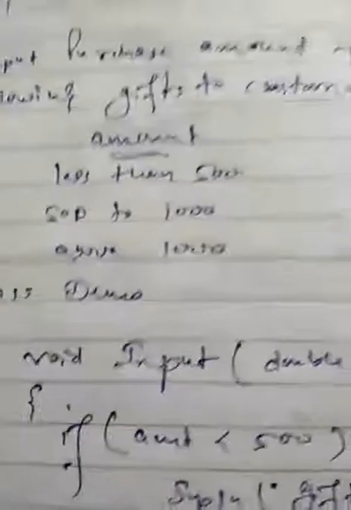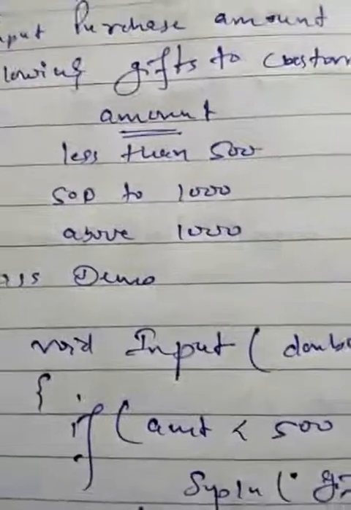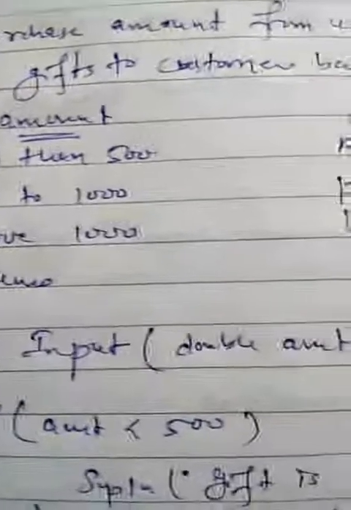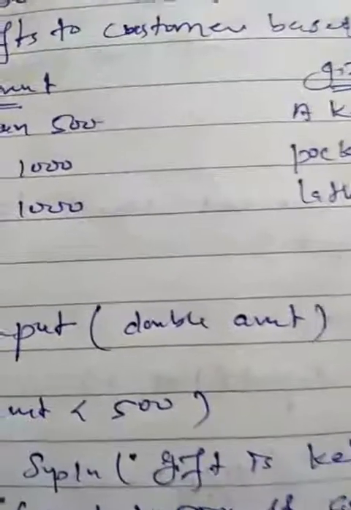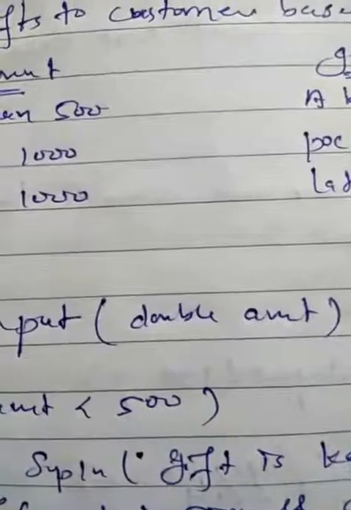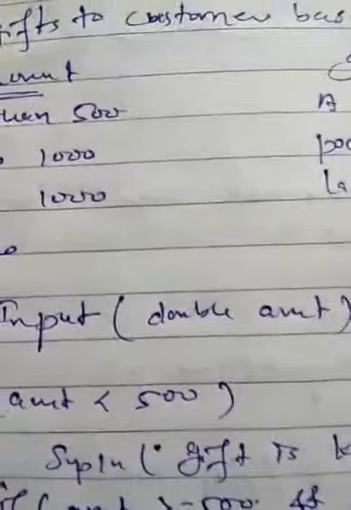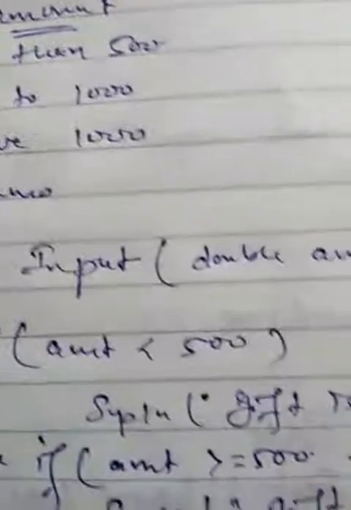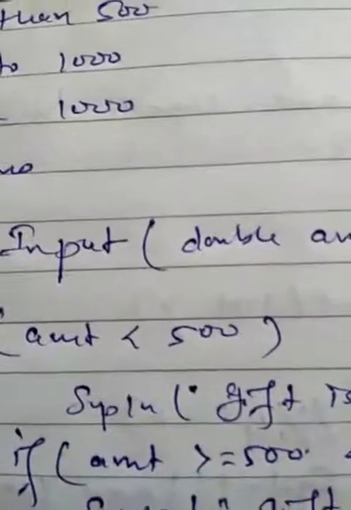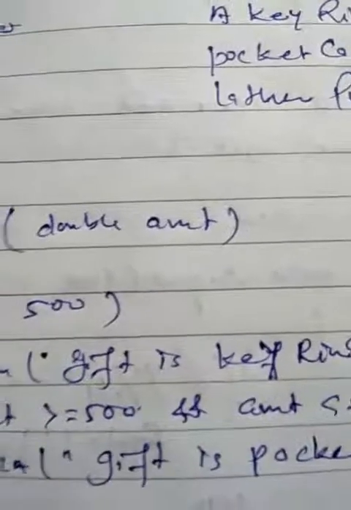Now this is the solution: class Demo, void input, double amount. Here is the amount, which may be a purchase amount or a sale amount, so we always take it in the form of double. If the amount is less than 500, we print gift is keyring.